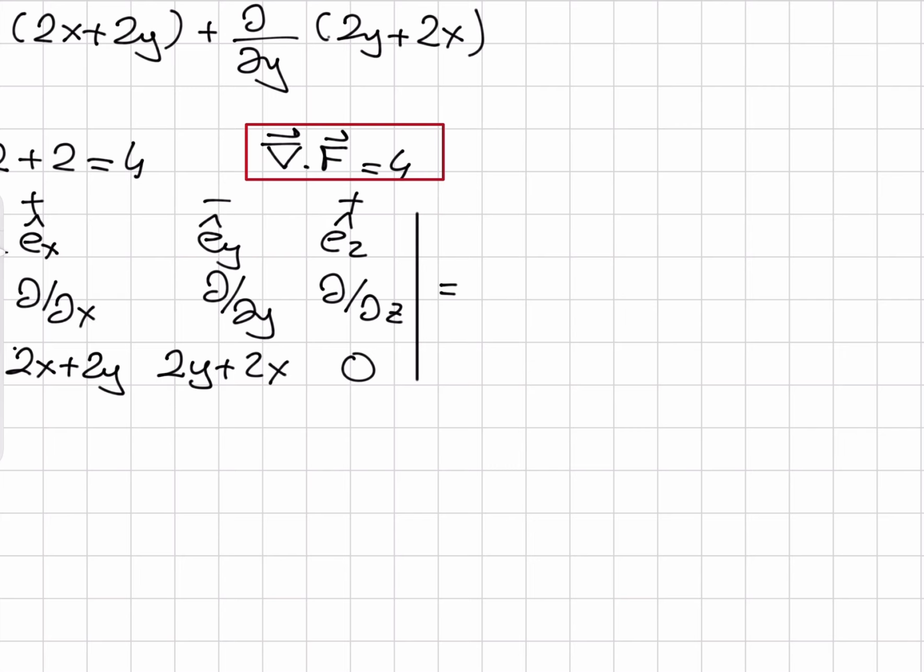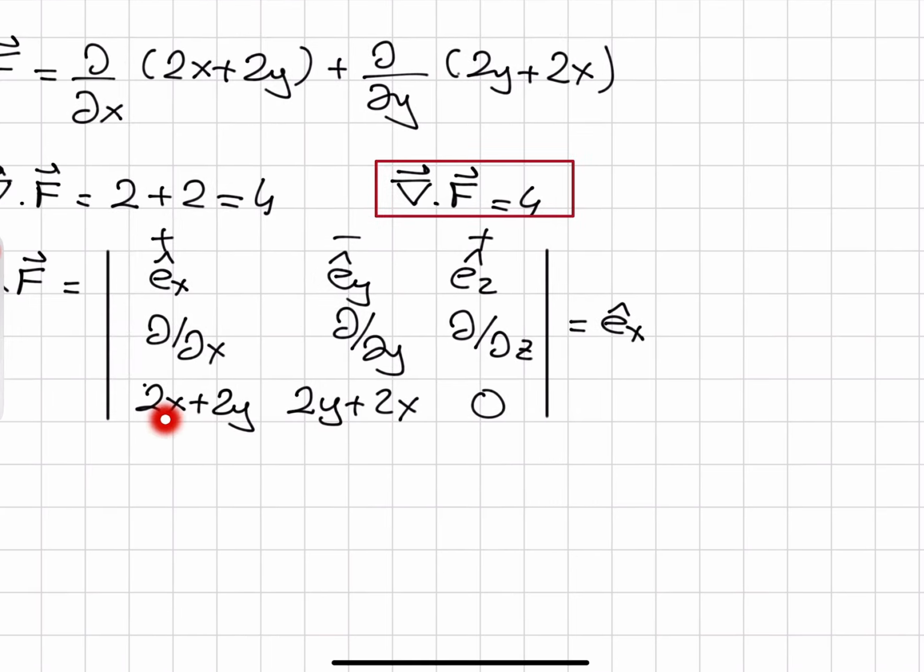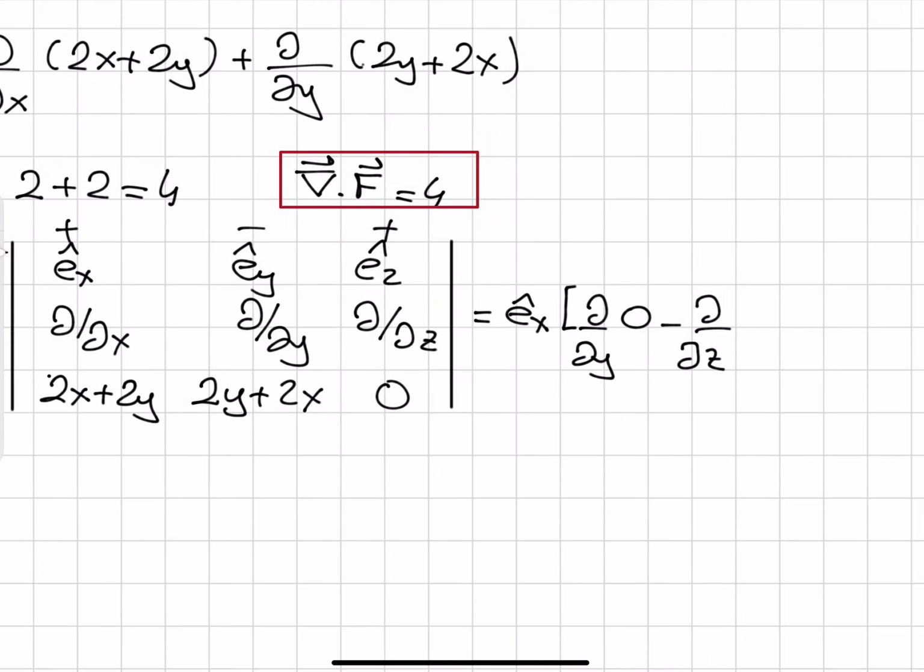For ex hat, I have to cross out the first column and the first row. So I have del y 0 minus del z 2x plus 2y, which is also 0.